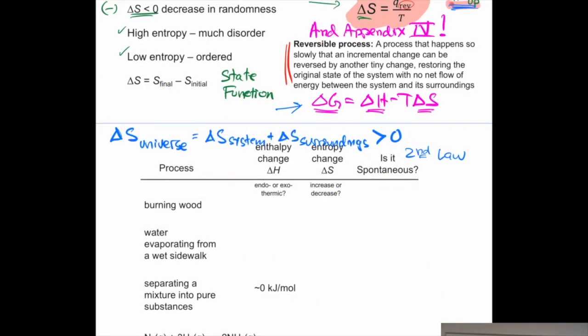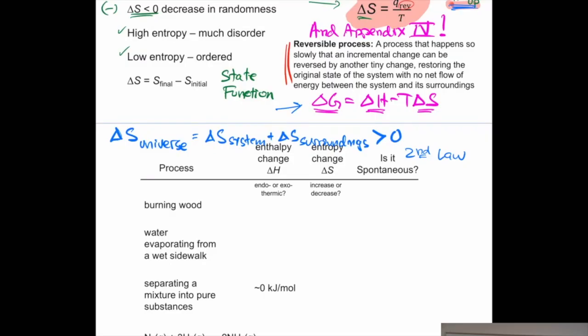So the first example here, if we're burning wood, we're going to describe what's happening to the enthalpy change and the entropy change. So you're burning wood, you're having a little campfire, and assuming you get it started, which isn't a given, maybe you have your little striker, you get it lit.